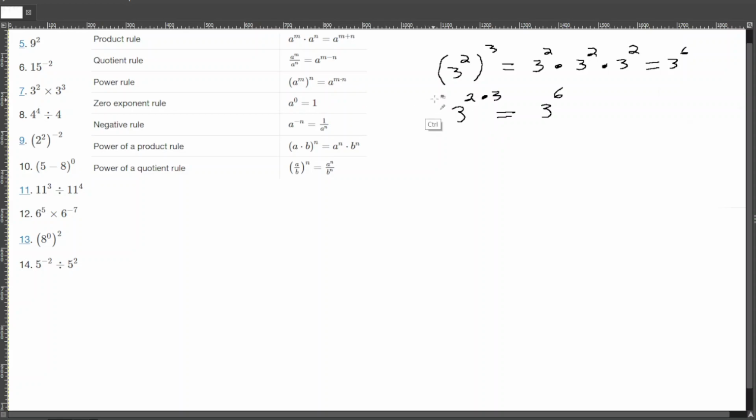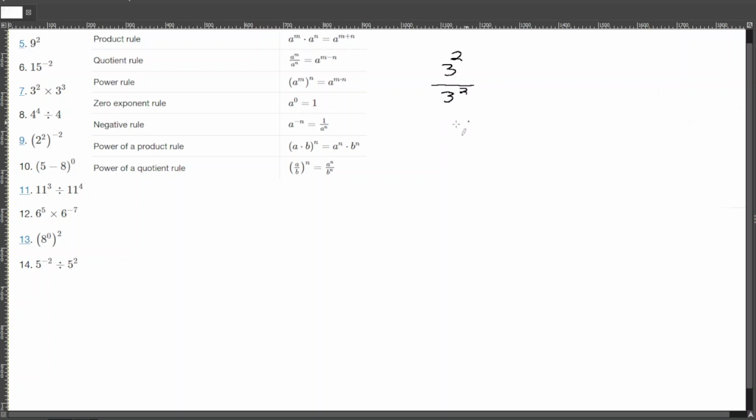Now the zero exponent rule is a fun one. A 6th grade teacher asked me a couple years ago, why is something to the 0 power 1? Well, let's say we have 3 squared over 3 squared. That's 9 over 9, which is just 1.